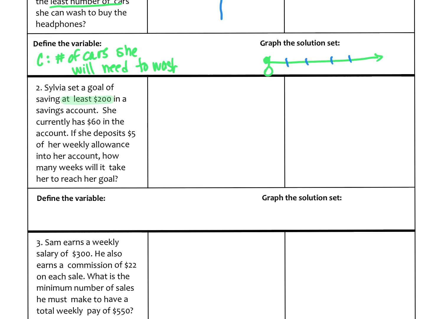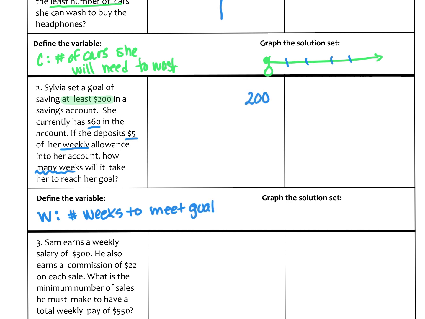She currently has $60 in the account, and if she were to deposit $5 weekly from her allowance, how many weeks will it take her to reach her goal? So we're looking for the number of weeks. I'm going to define my variable as number of weeks to meet goal. Her goal is 200.